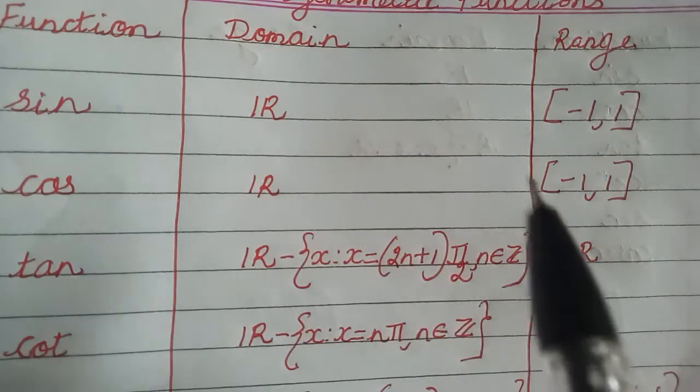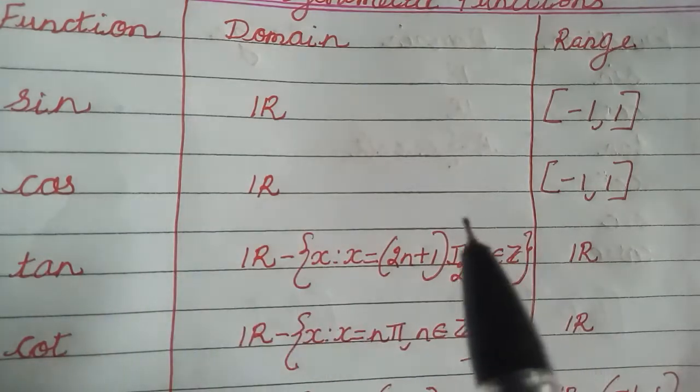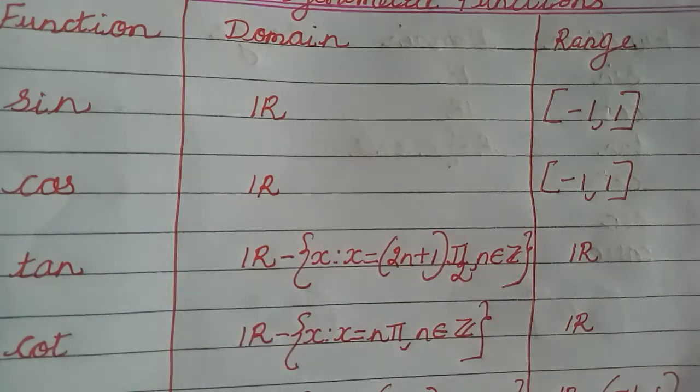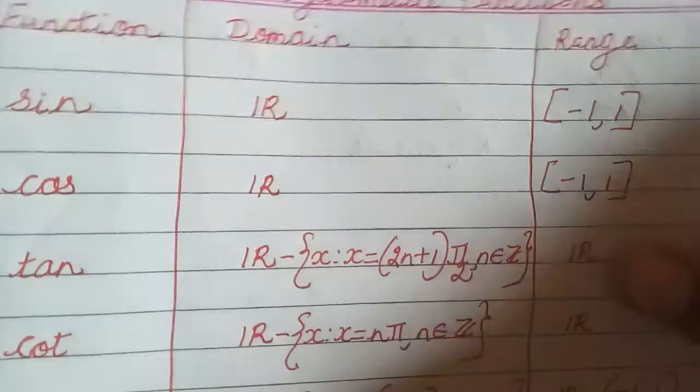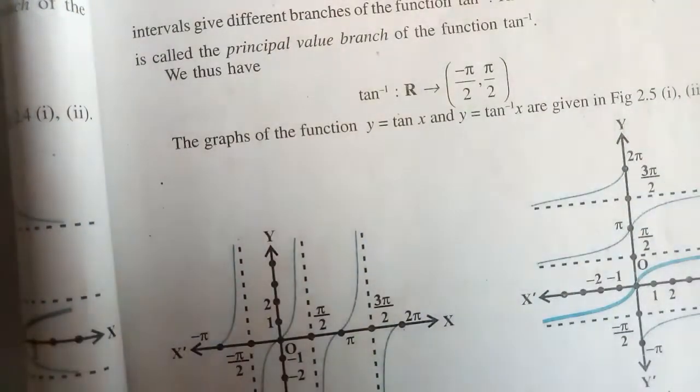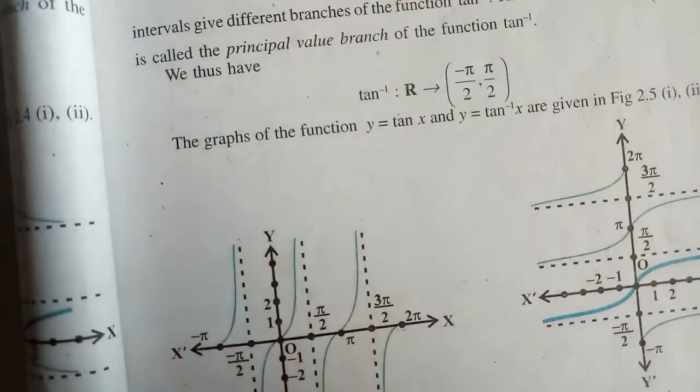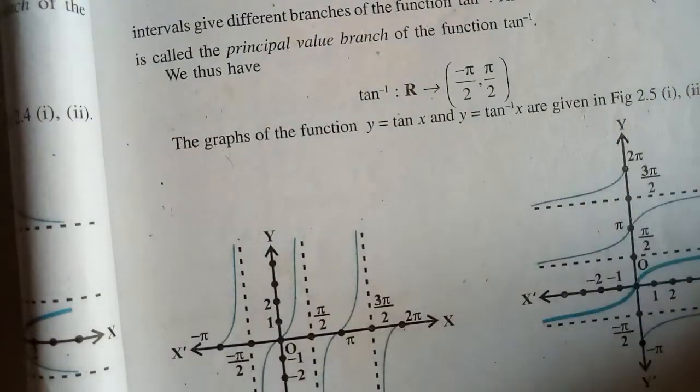Why is it so, children? We are taking the domain as R with these elements deleted. Why? Because you know that tan is sine upon cos. Just now we have seen in the graph of cos that cos at odd multiples of pi by 2 is taking the value 0, right?